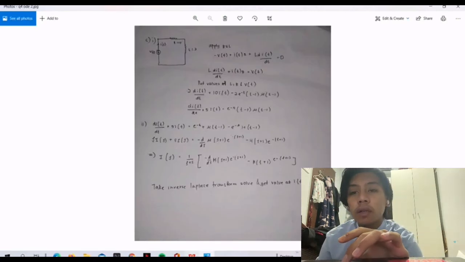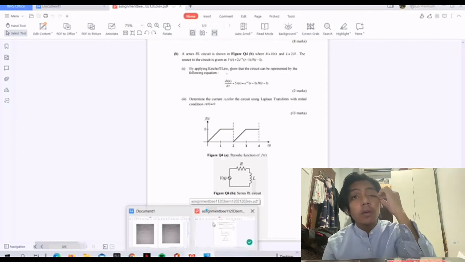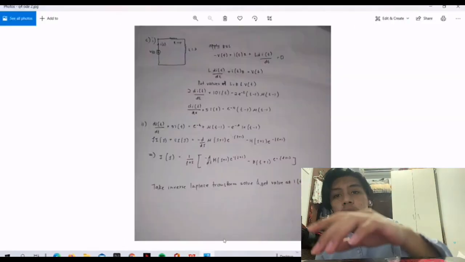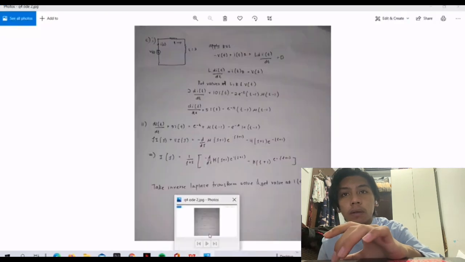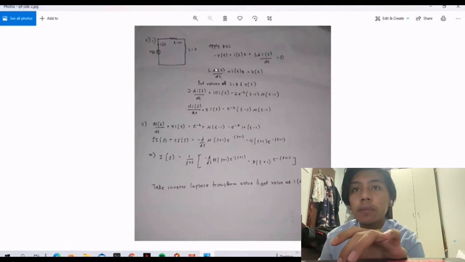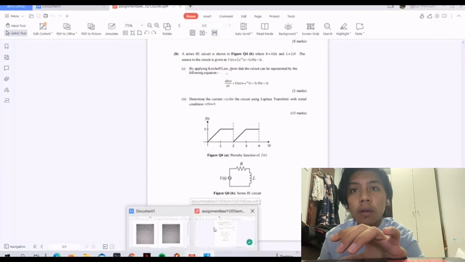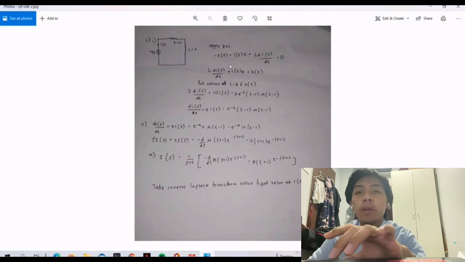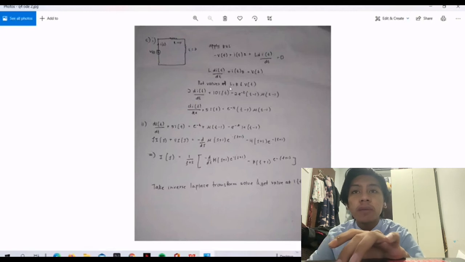The first question asks us to apply Kirchhoff's law to show that the circuit can be represented by the following equation. By applying KVL, we put in that equation. We apply it, and then we put in the values given by the diagram for L, R, and V(t).